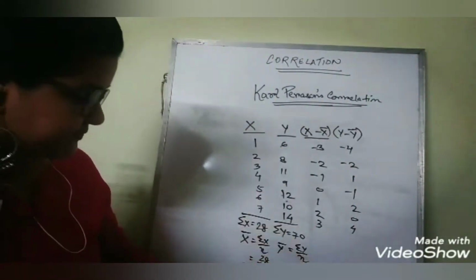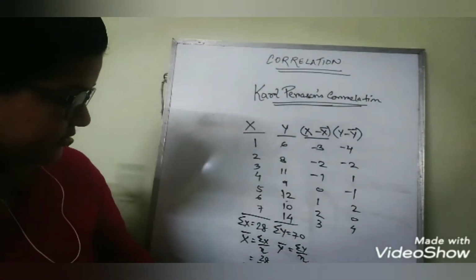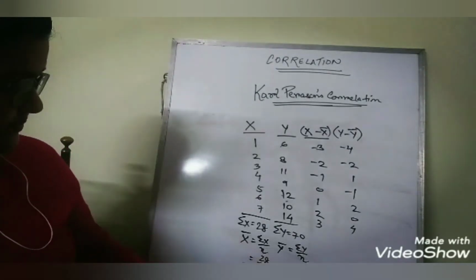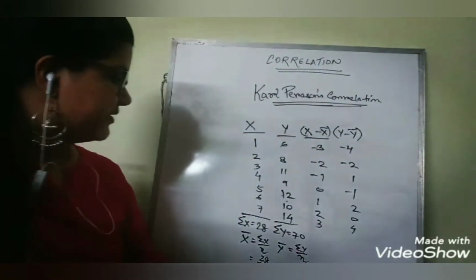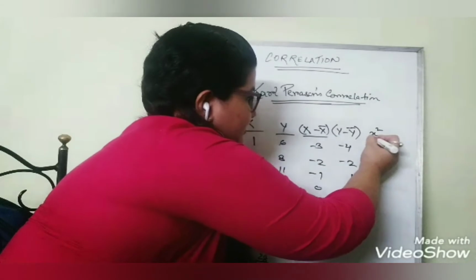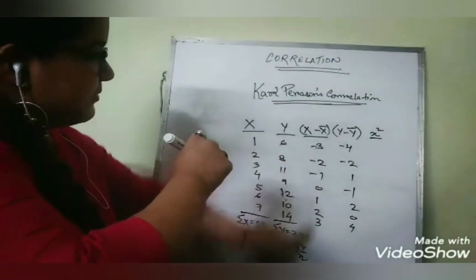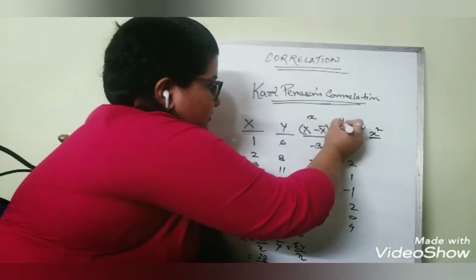So it's clear. Now we have to find x square and y square. This x square here is your small x square. Your small x is these numbers, and this is small y.